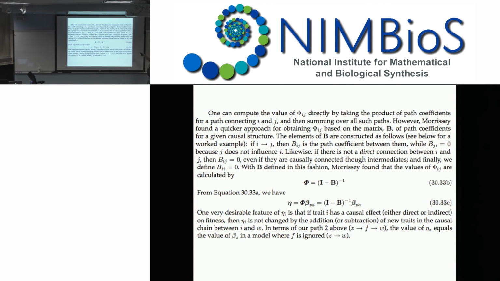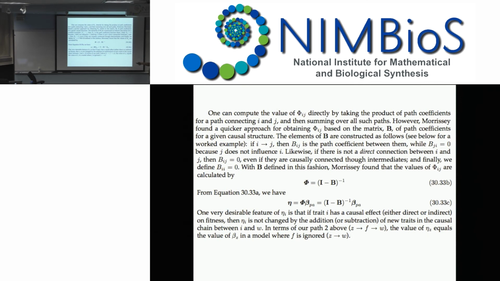If I does not directly influence j, so I influences k, influences j, I does not directly influence j, we give it a value of 0. So I'm only counting here paths that directly connect it. There's no intermediate step. If I then use that B matrix, then Morrissey found that phi equals the identity matrix minus B inverse, and that gives you the extended selection gradients.